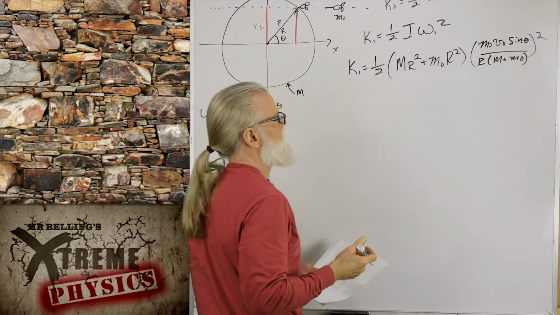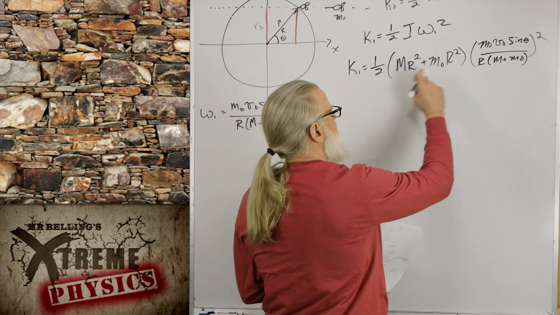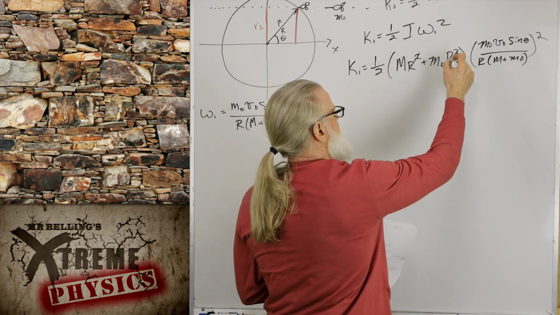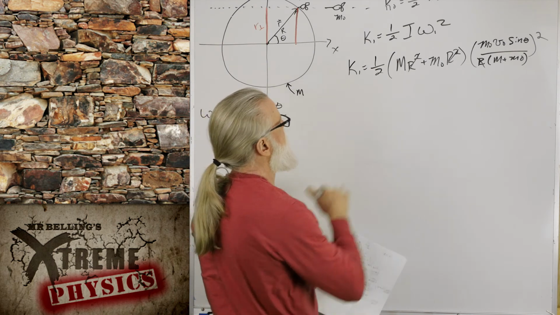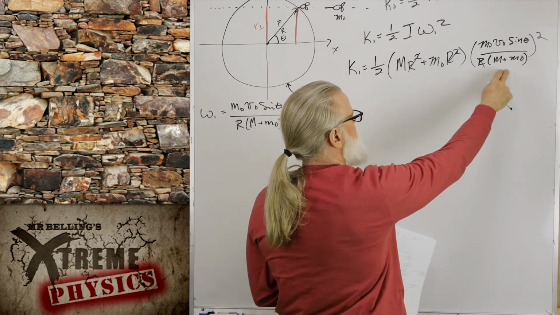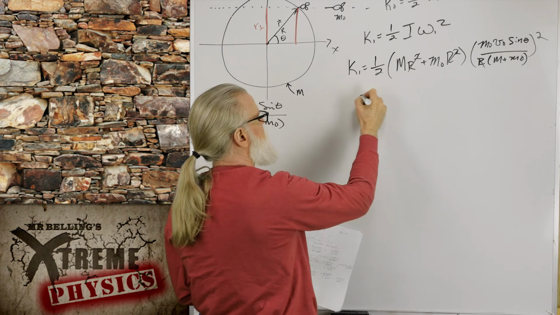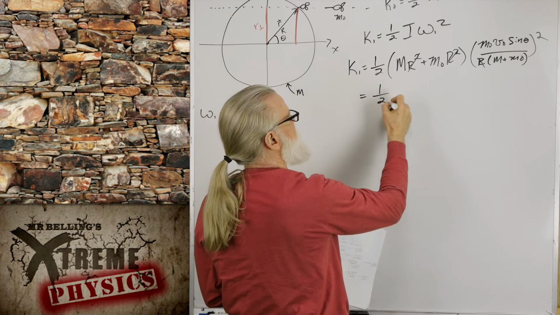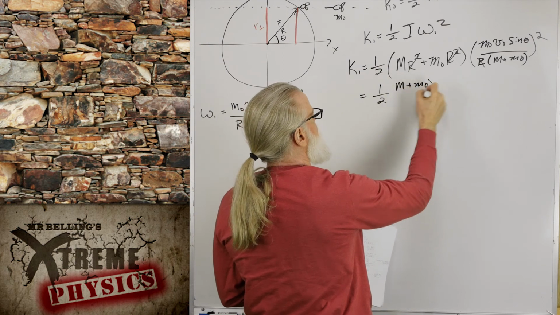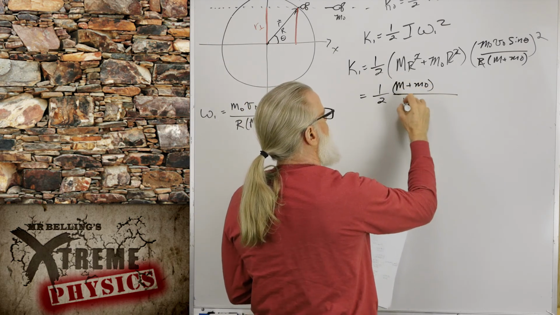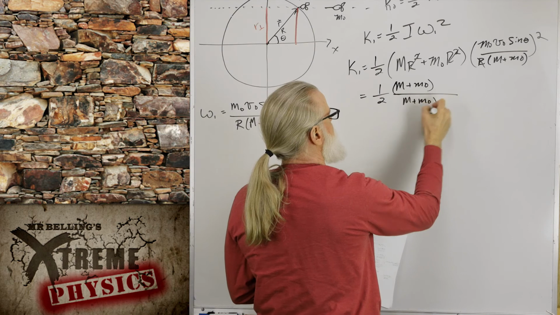Right off the bat, I see that we have an r squared here and an r squared here, so these can go away. And we have an m plus m0 that's going to be squared, so we're going to get one of those. Let's say this is 1/2 times m plus m0, divided by m plus m0 squared.